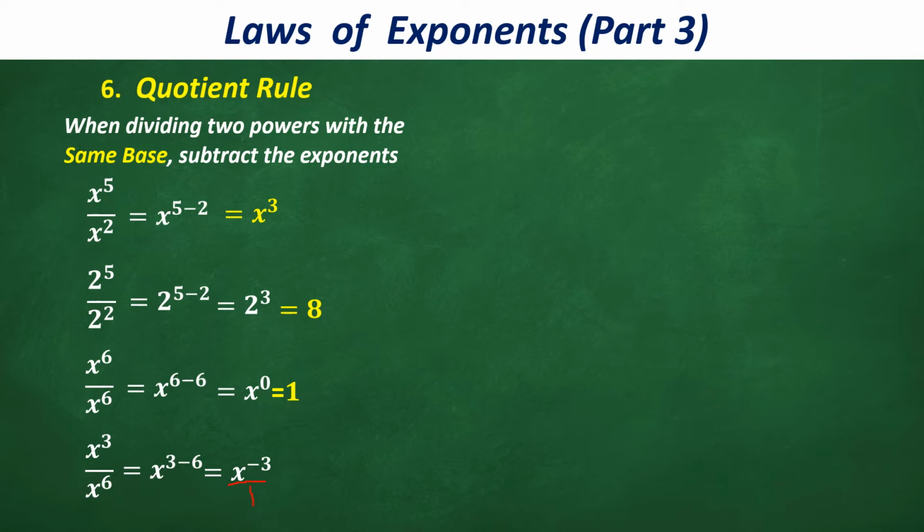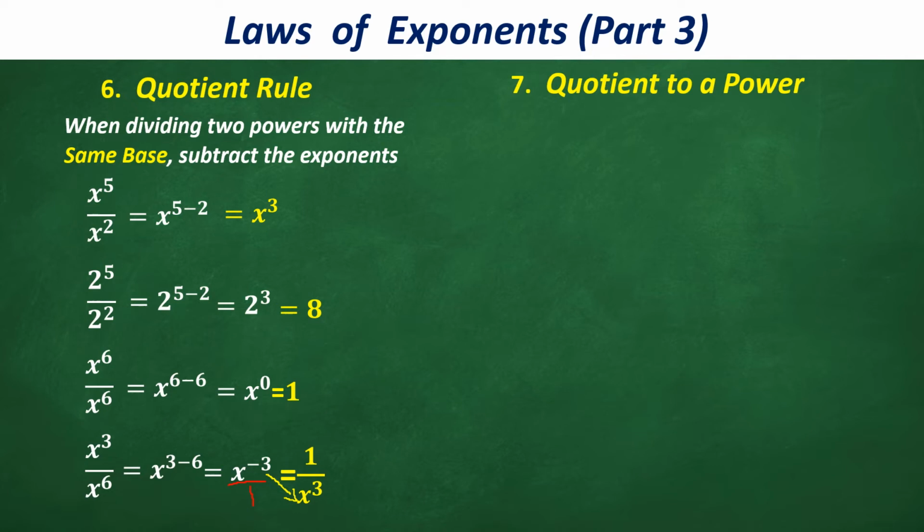So, si 1 ay magiging numerator. And then, ito naman si x to the negative 3 ang siyang magiging denominator. So, you cross the line and then change the sign. So, we have 1 over x to the 3rd power.